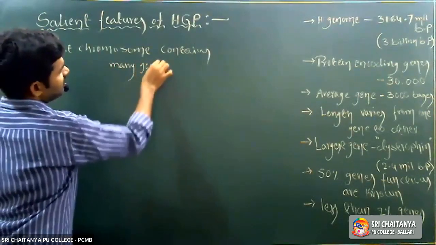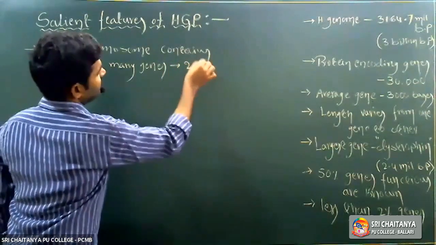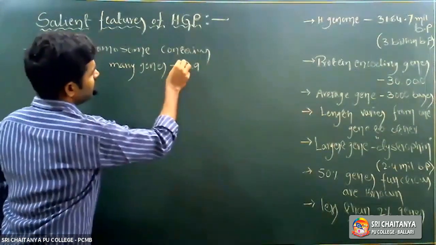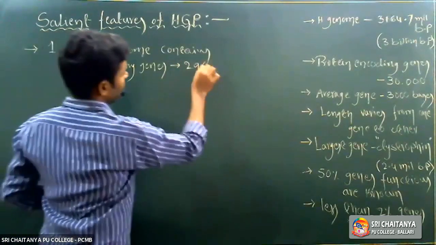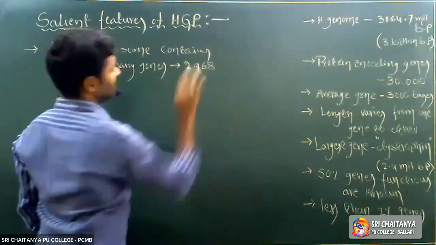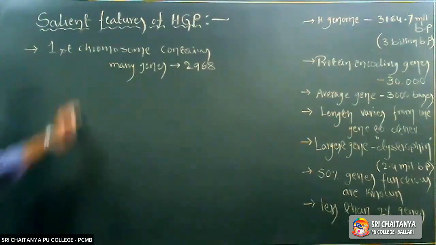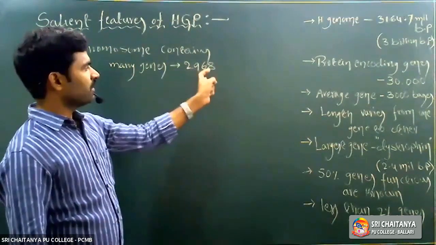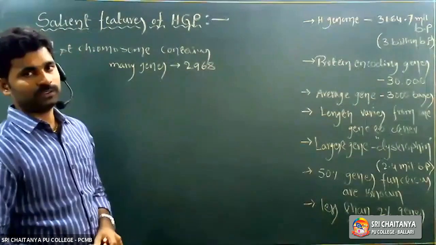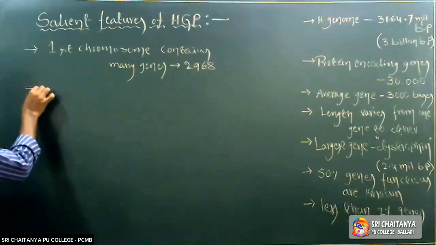The exact number is 2968. So the first chromosome contains 2968 genes.